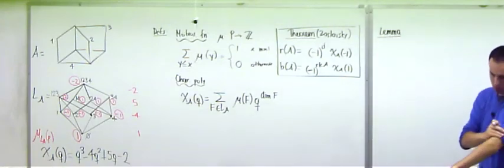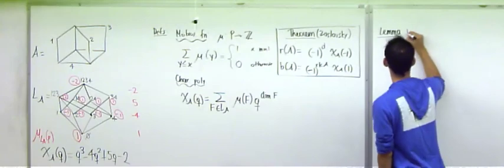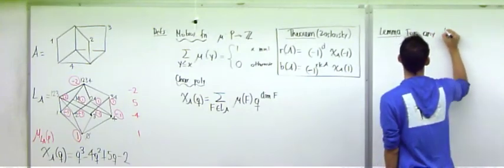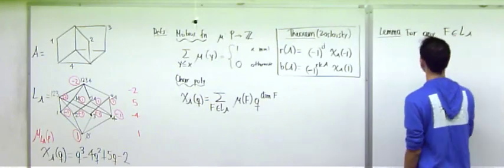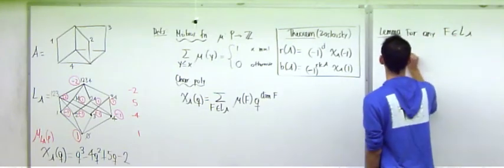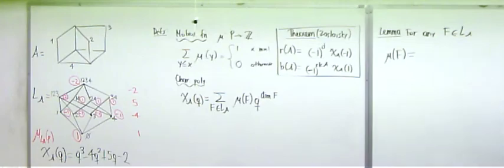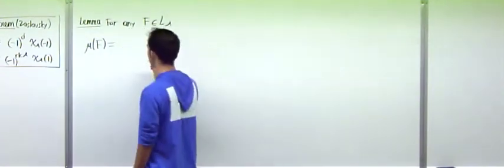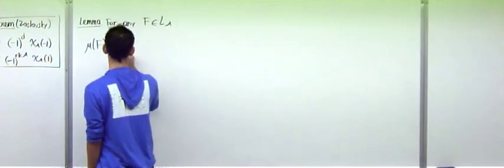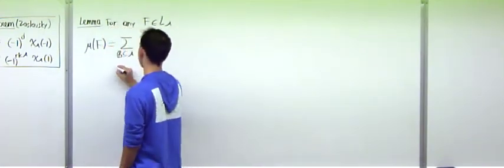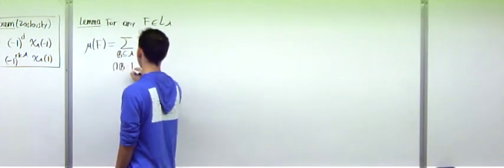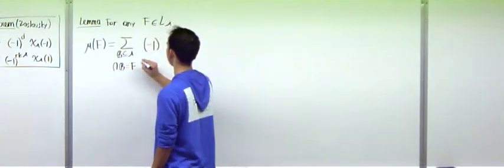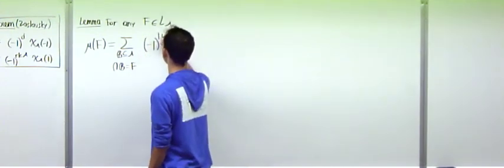Which is the following. For any flat in the arrangement, I'm going to give a formula for mu of the flat. And what this is, is the sum over subsets of the arrangement such that the intersection of the subset is F, of minus 1 to the size of the subset.